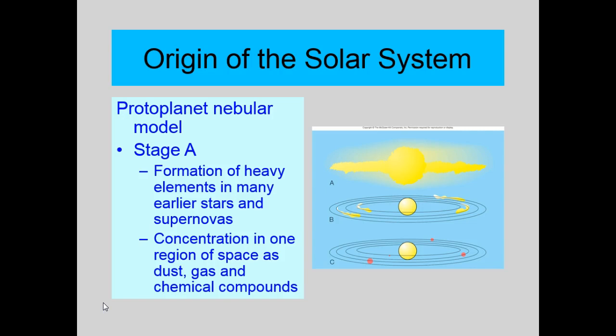There could be some solid in there, but not much, but mostly very hot from recent nuclear explosions. It's not coagulated yet, you might say. Okay? That's stage A. Very early in the formation.